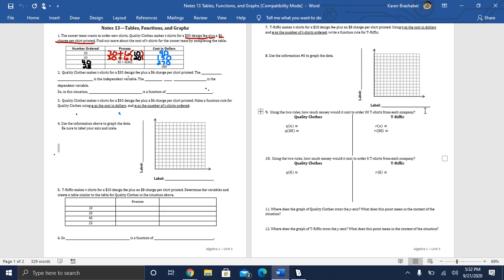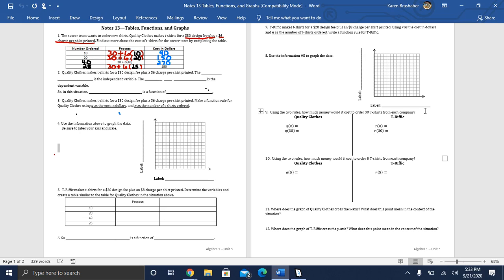And so we could say that our process for that one would be to take 30 plus 6 times, and then again, we found out that there were 25 shirts ordered. Now, this can all be set up so that we could do some algebra to make these calculations.